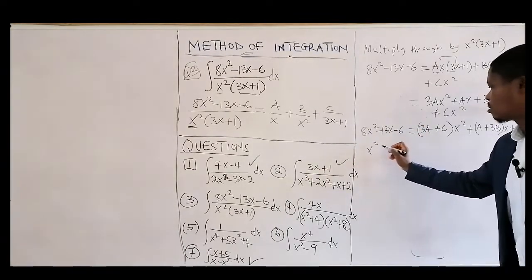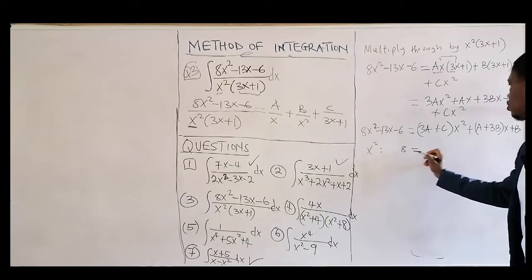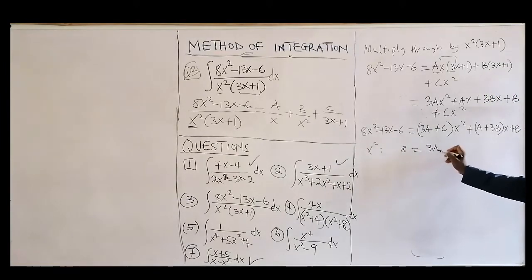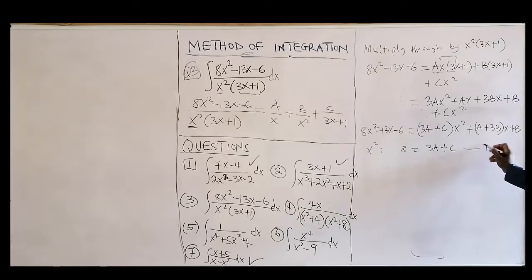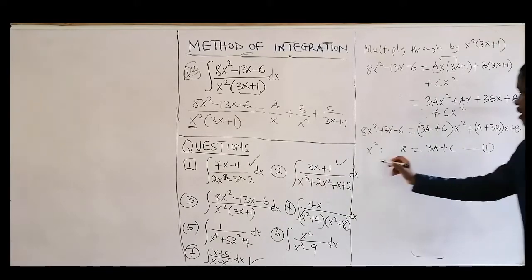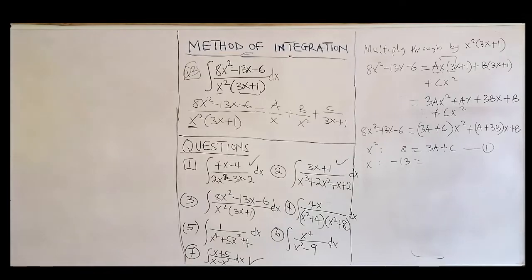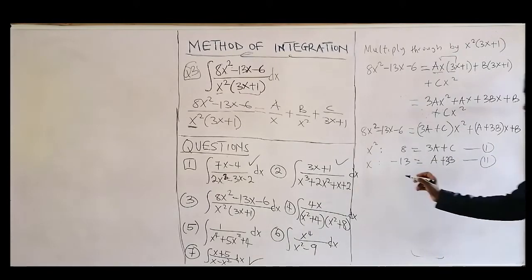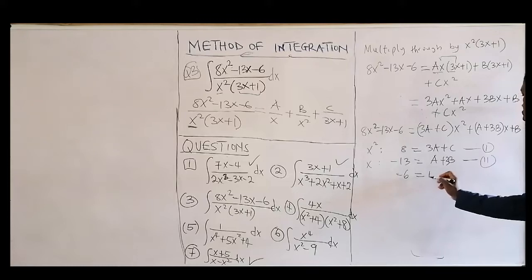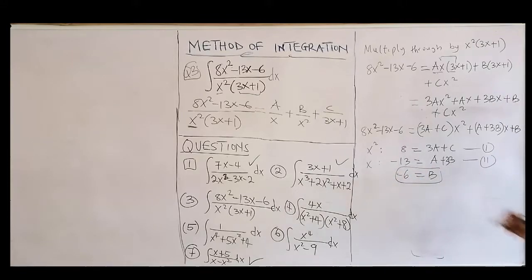Coefficient of x squared: 8 equal to 3A plus C, equation 1. Coefficient of x: minus 13 equal to A plus 3B, equation 2. And the constant terms: minus 6 equal to B. So B is minus 6.